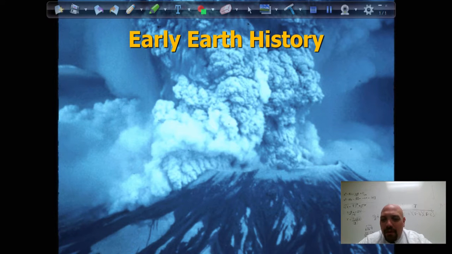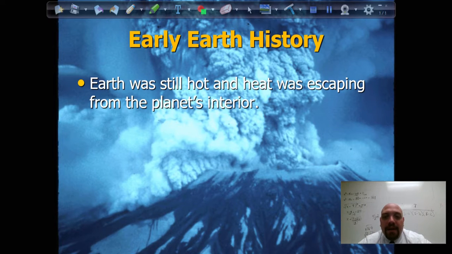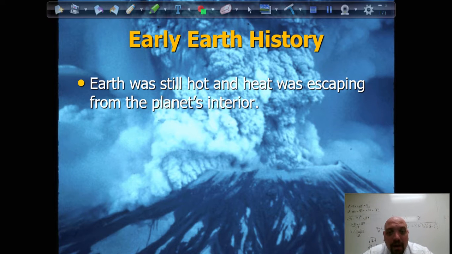All right, so we'll talk a little bit about the evolution of the atmosphere, where it came from, how it got here. So we have a picture of a volcano here. And one thing that we see coming out of volcanoes is not just lava, but ash and some gases. And we think that those gases were important in helping establish the planet's atmosphere. So when the Earth formed about 4.5 billion years ago, it was still hot.